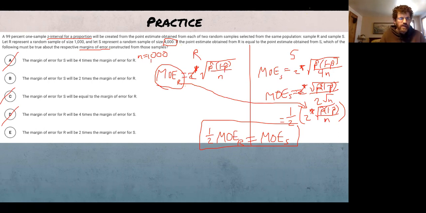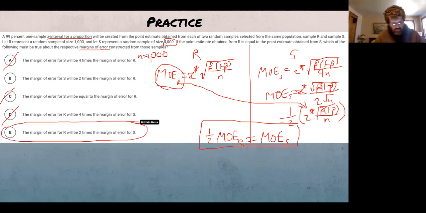But what we're saying is that R is going to be bigger. And 1/2 of it will be the margin of error for S. So R is going to be the bigger one. The answer is E, because half of R will give us S. Okay, so hopefully that was more clear than unclear for you. But if you have questions, we can come back to that one later.